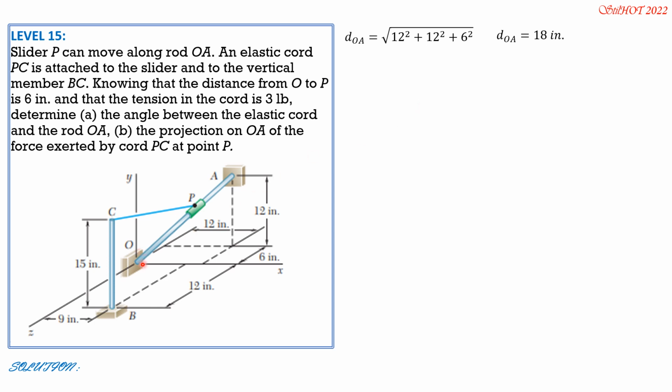Since distance from O to P is given 6 inches, then we will compute delta OPX because we do not know the distance horizontally along X between O and P by similar triangles. So delta OPX over 6, hypotenuse, equals 12 for OA, and length of OA or distance OA is 18.